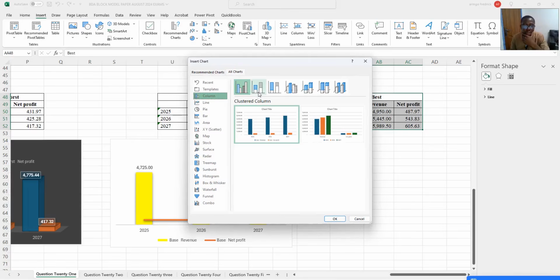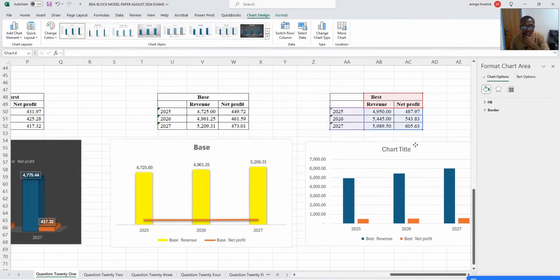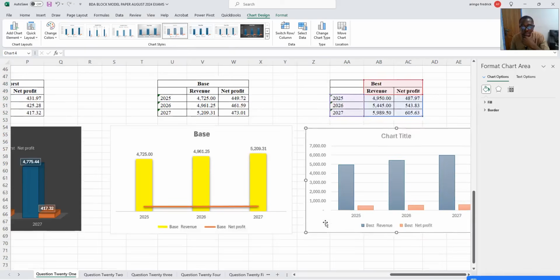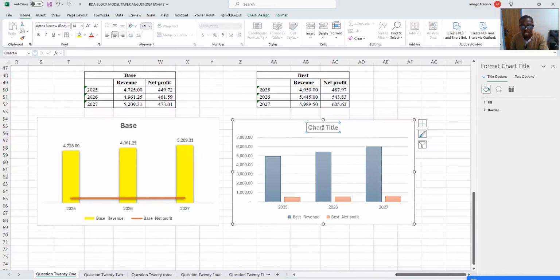You can go with the normal one. Maybe for presentation, that can work. Then my chart title, equal sign, this is the best case scenario.